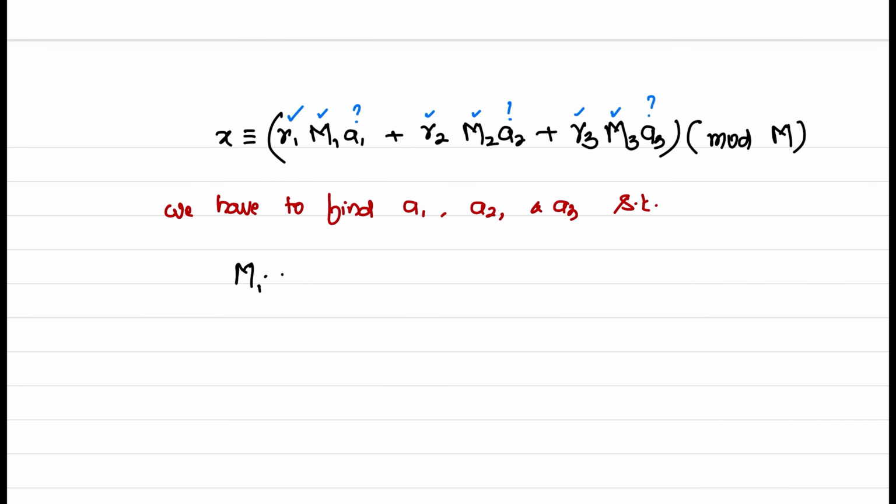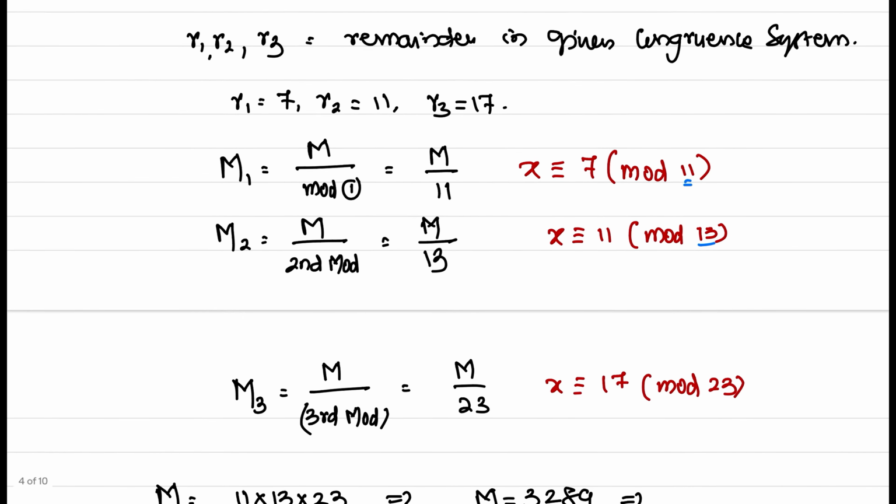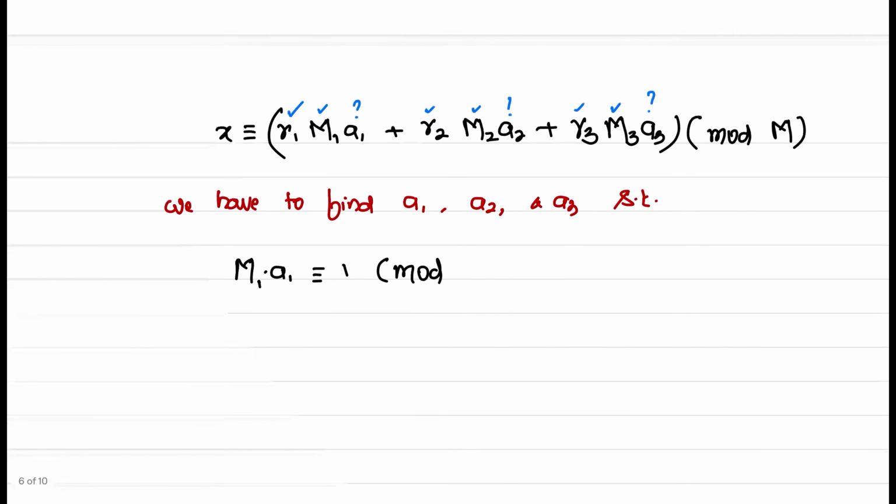M1 into A1 is equivalent to 1 mod the first mod. What is the first mod value? 11. M2 into A2 is equivalent to 1 mod the second mod.